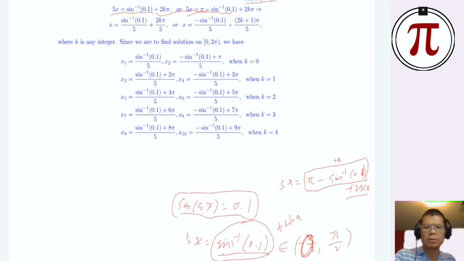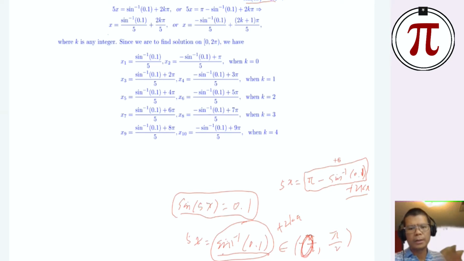So the complete solution is this: 5x equals that, or 5x equals this. Then we can just divide by 5 on both sides. From the first equation, x equals inverse sine 0.1 divided by 5 plus 2k pi over 5.